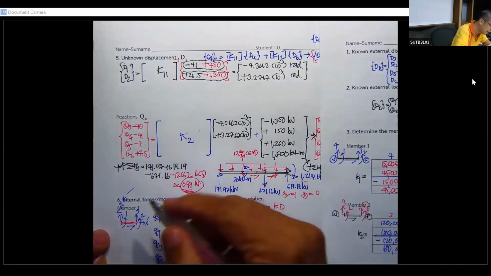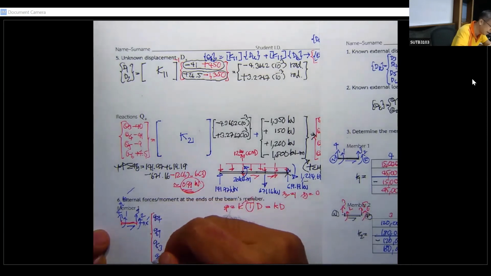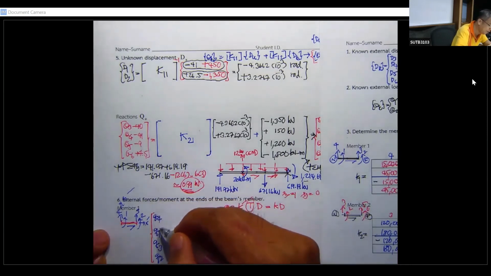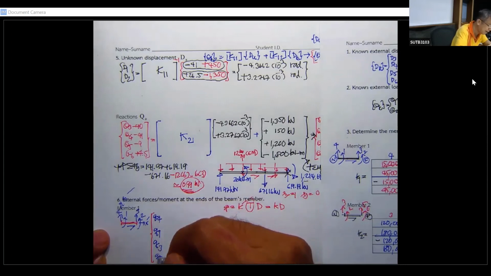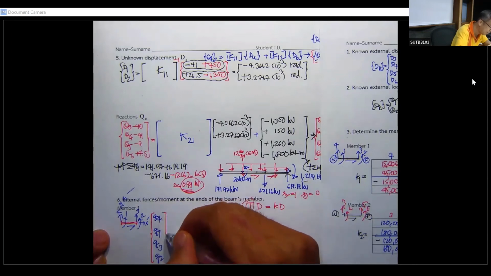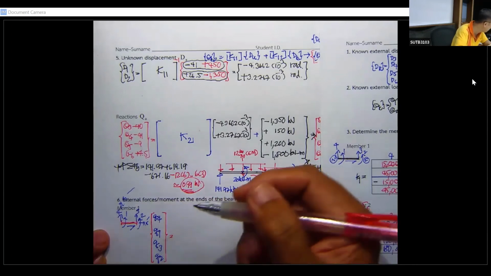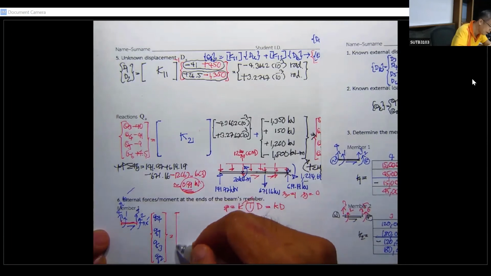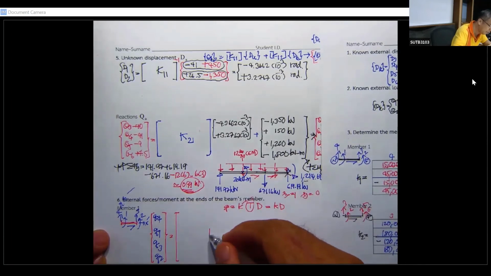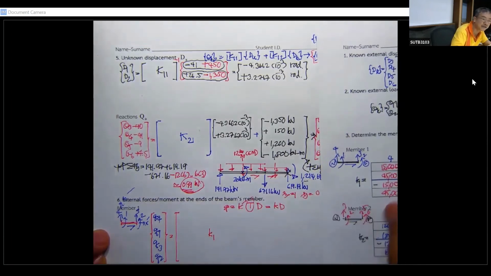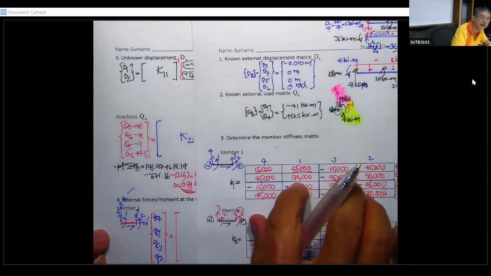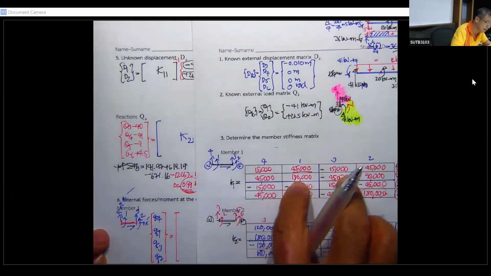This is going to be the internal force, internal moment, not yet until we combine with fixed end shear and moment, but by definition. You don't need to copy everything. This one is K1.